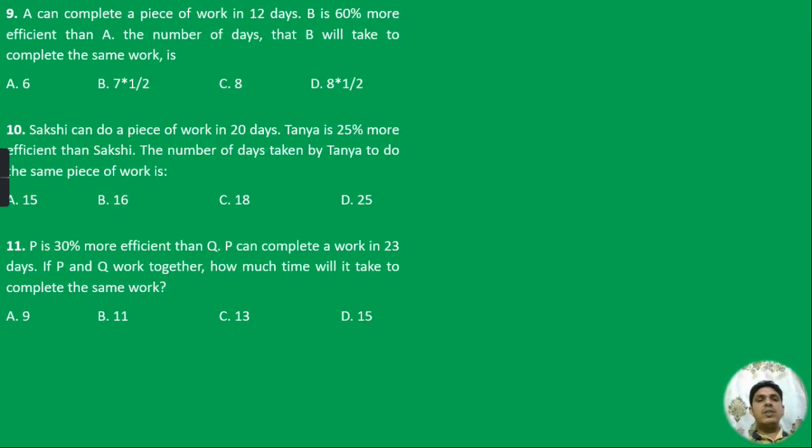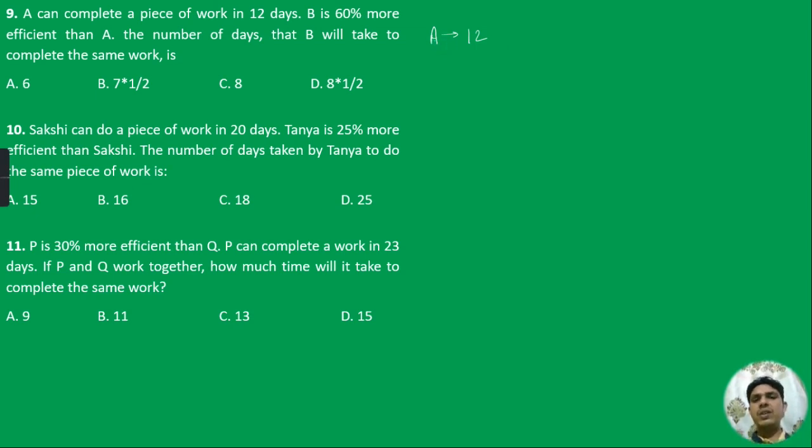Coming to the next question, question number 9. The question is, A can complete work in 12 days. B is 60% more efficient than A. The number of days that B will take to complete the work.